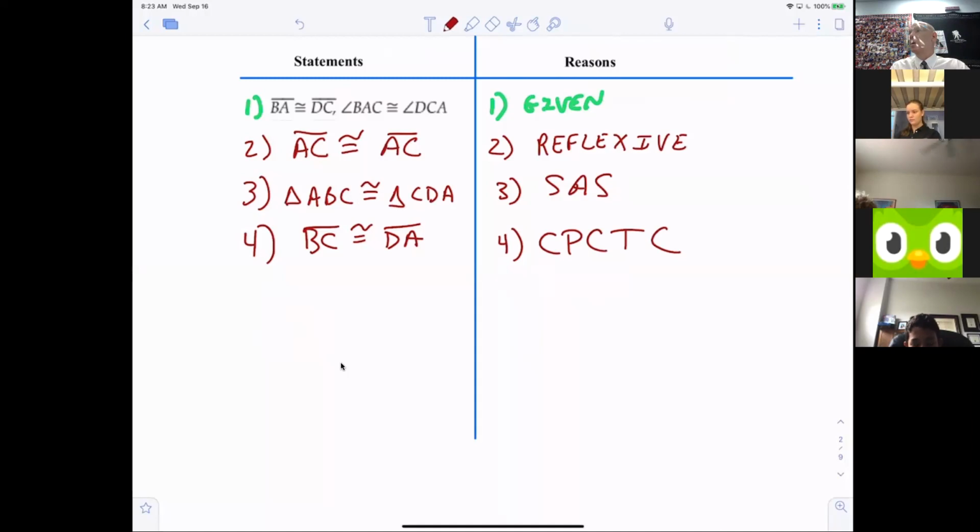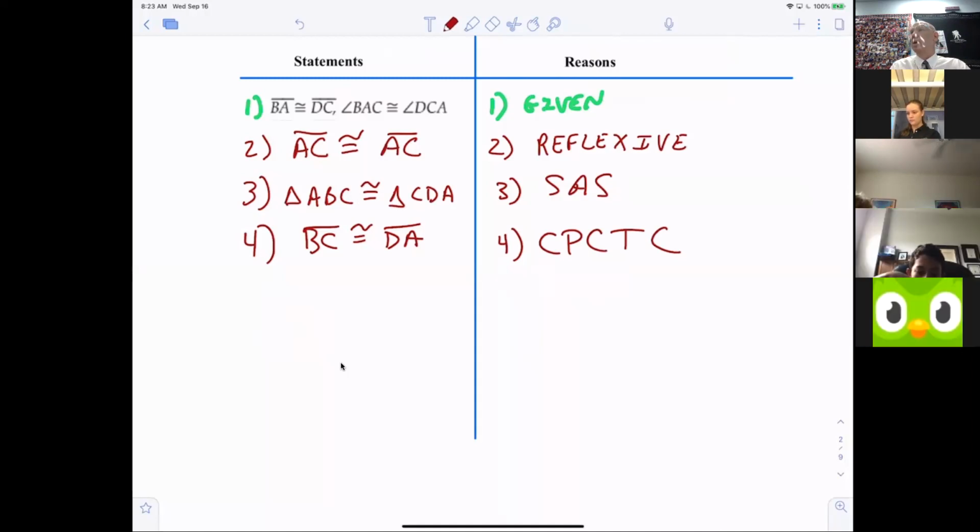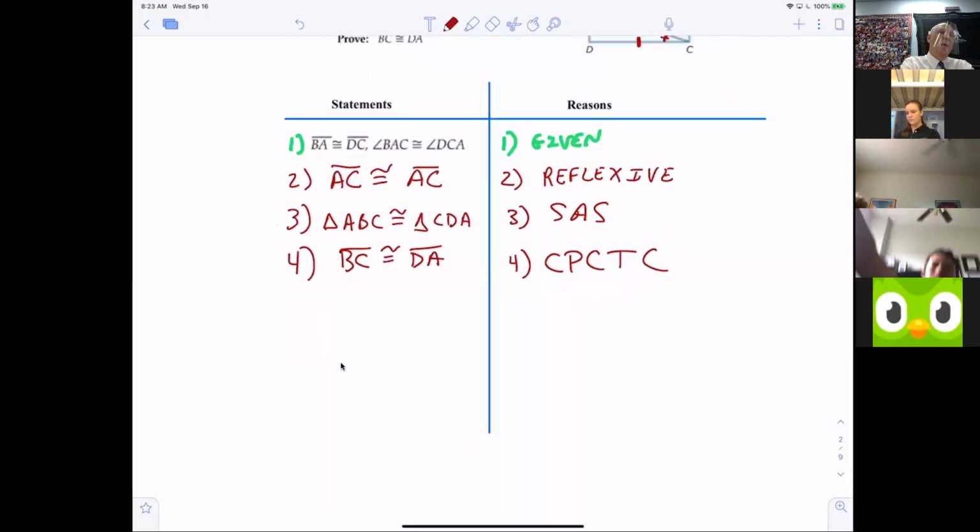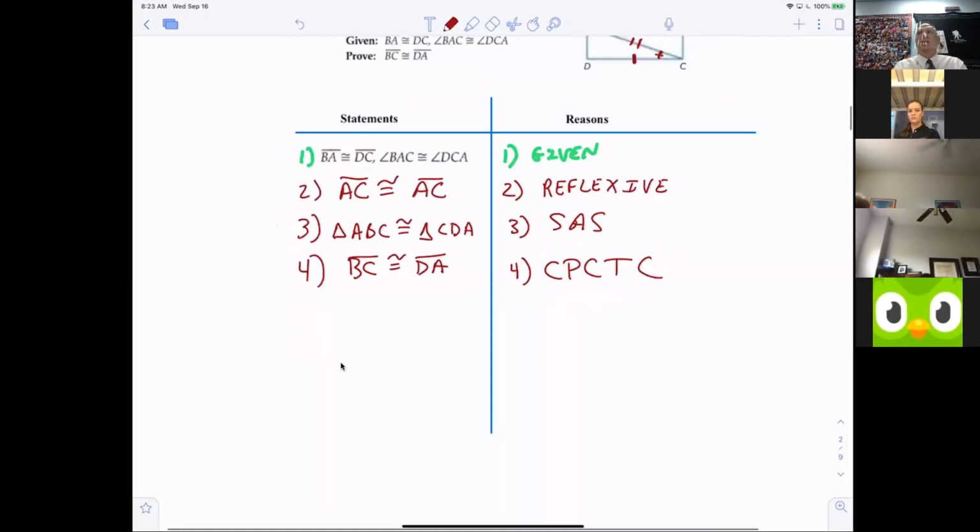CPCTC. Corresponding parts of congruent triangles are congruent. Now, I go on for days talking about CPCTC, and some of you just have no clue what I'm saying. Corresponding parts of congruent triangles are congruent.